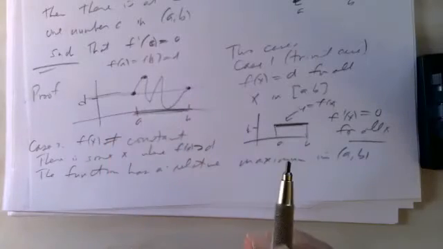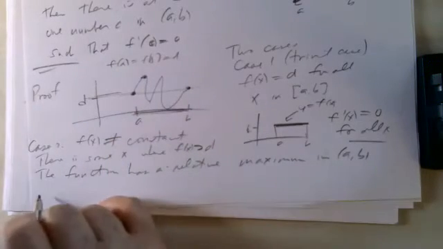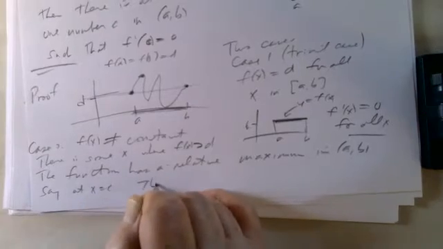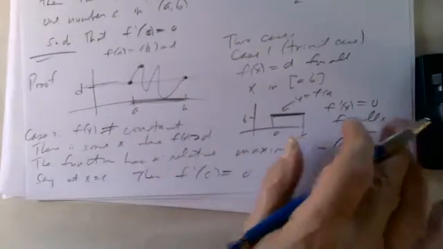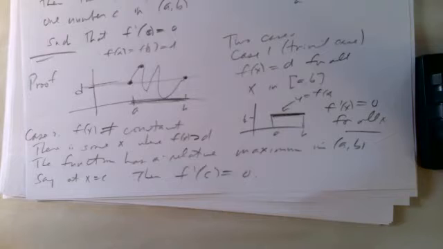So there's some point where there's a maximum, say at the point x equals c. But then the derivative at c is 0, because what we proved on Monday is wherever the function has a relative maximum or a relative minimum, the derivative is 0 if it exists. So either the derivative doesn't exist, but we're told the derivative exists everywhere, so the derivative is 0.